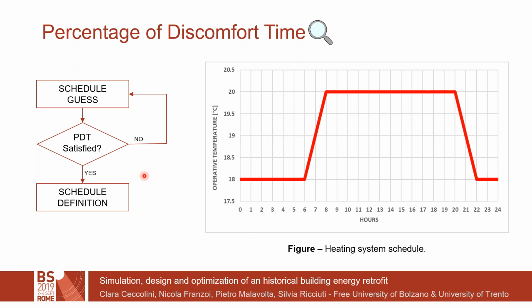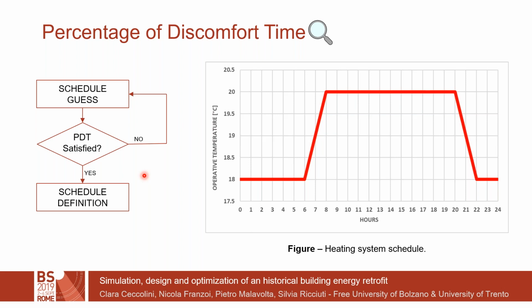We then adjusted the schedule until the PDT falls within the acceptable deviation of 5%, according to the European standard 15251. We agreed together that the actual building, the as-is building, belongs to category 3 of the standard.